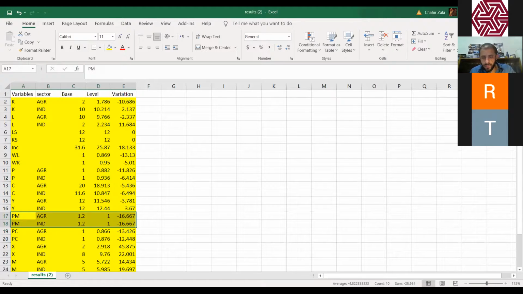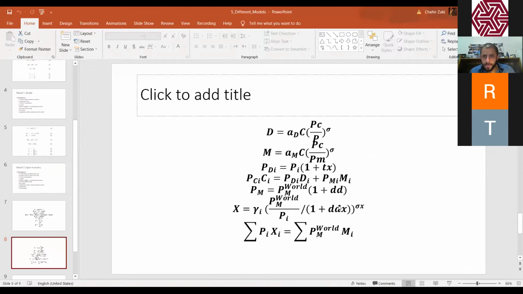If you remember the model, I will show you just to remind you. We had this term here. So if import prices decrease relatively to the P, I mean our domestic prices, this will affect exports. And that's what we have here in the results.